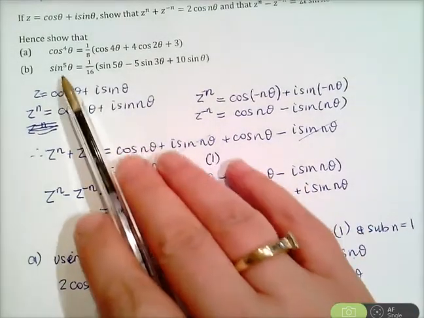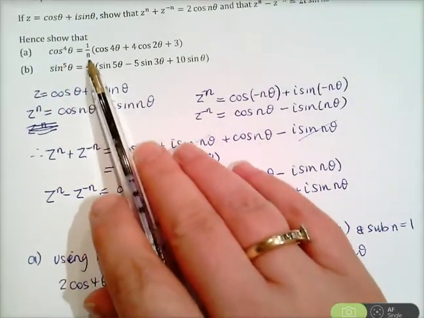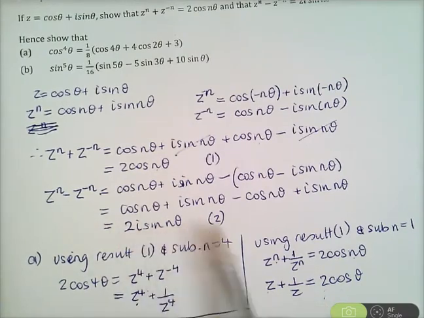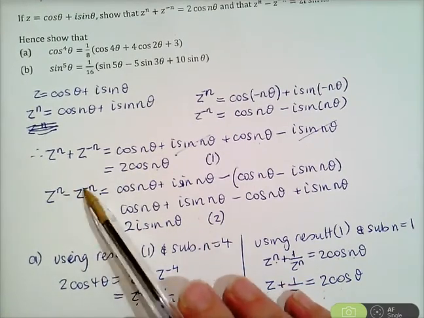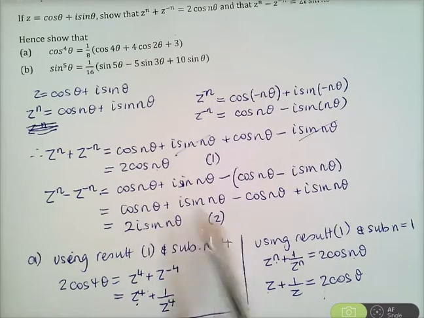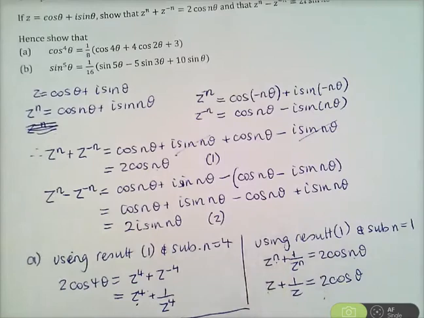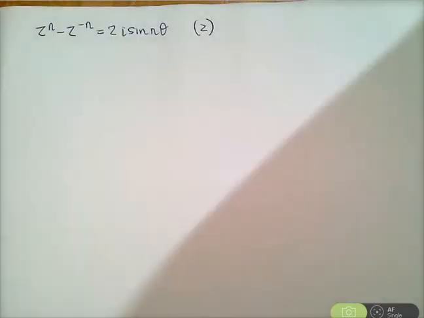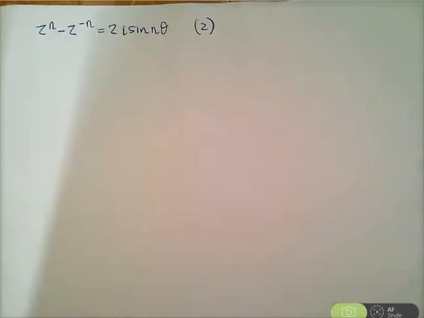Now in part B, we've got to show that sine to the power of 5 theta equals this expression here. Now we'll use expression 2 here, z to the power of n minus z to the power of negative n is 2i sine n theta, to work on this result. So I'm just going to write that over here.